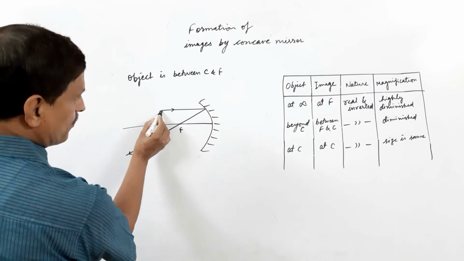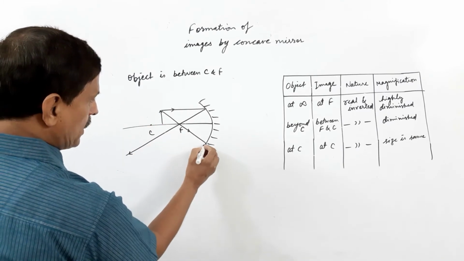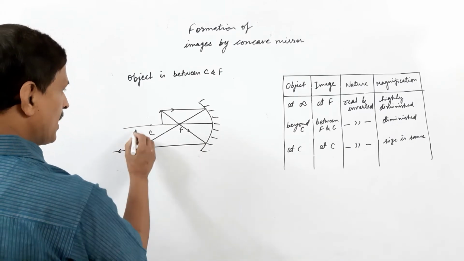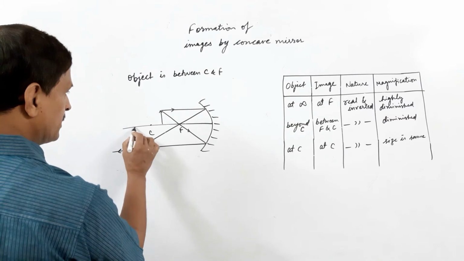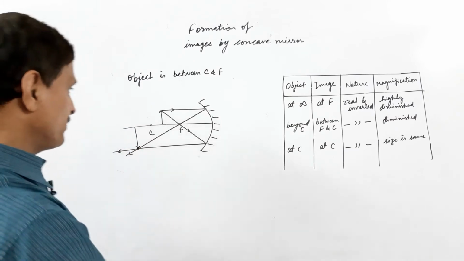Second ray passing through the focus, after reflection becomes parallel to the principal axis, and here is the intersection, and thus the image is formed at this point.